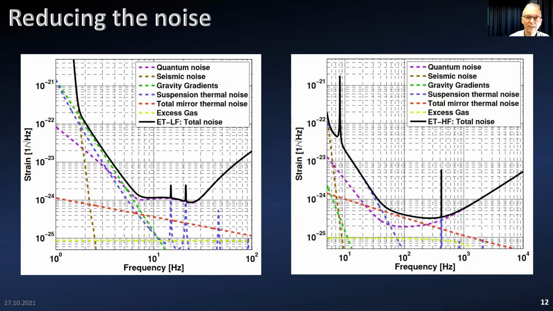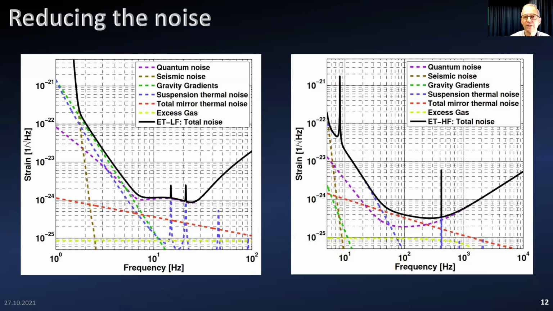One, the one on the left, is optimized for low frequencies. And you can see on the horizontal axis the frequencies. The low frequency interferometer has its optimal sensitivity around 10 Hertz, while the high frequency one on the right side has the optimal sensitivity around 200-300 Hertz.